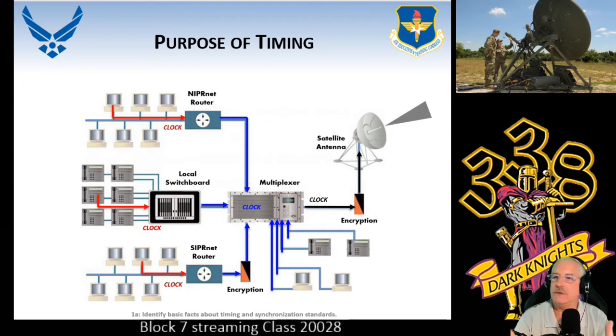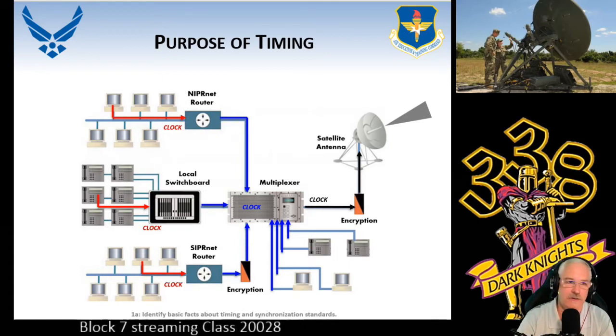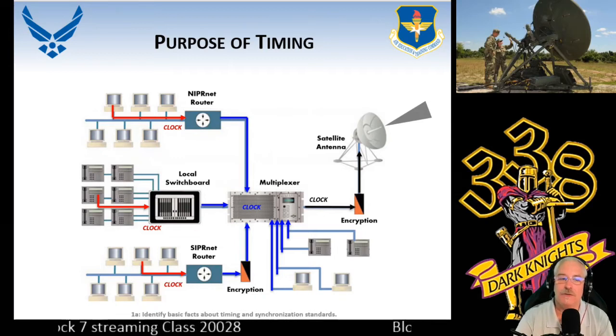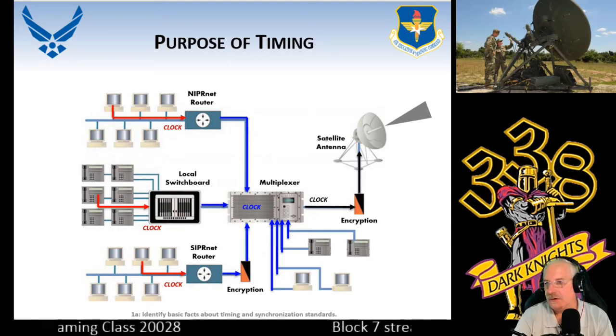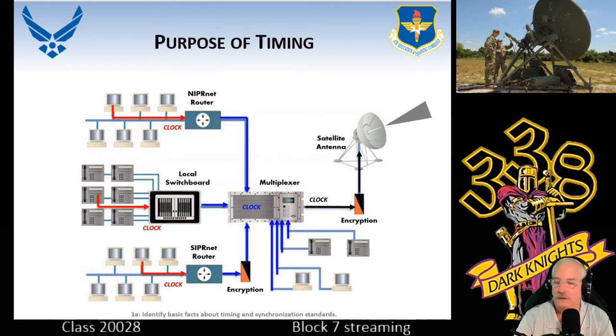Now, there's a big difference between users and channels. This particular multiplexer has 16 channels, but it can have multiple users. Some of these users are single entities versus multiple entities. I give you the SIPRNet. Look how many people are on the SIPRNet compared to one of the computers.